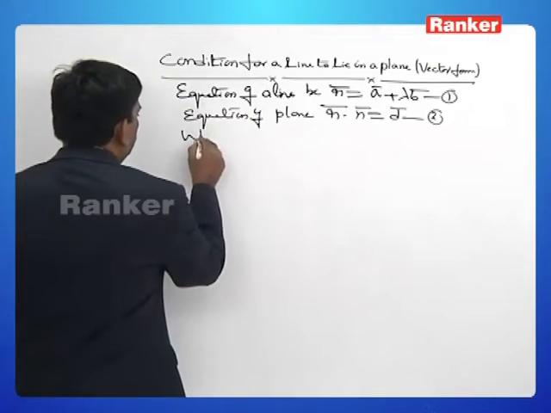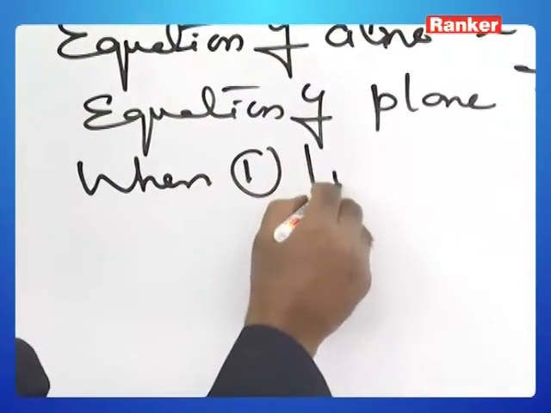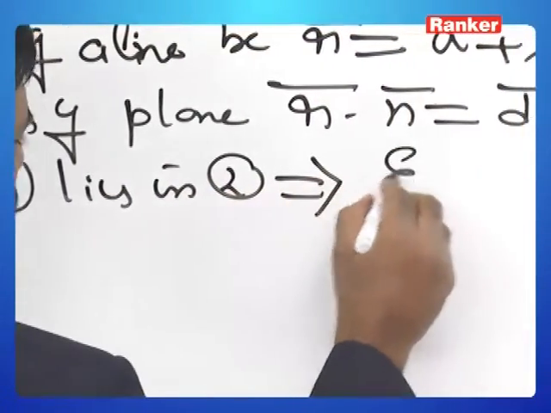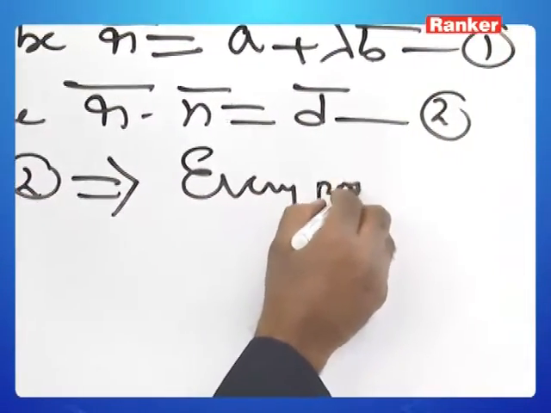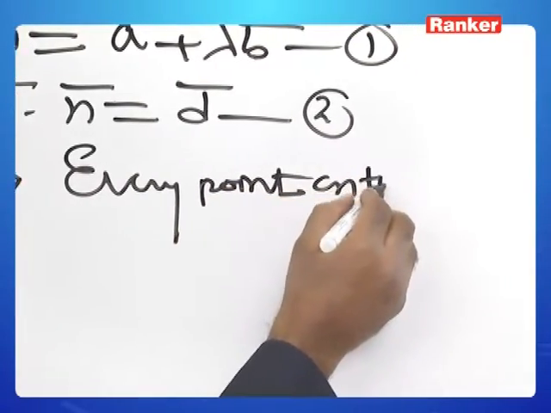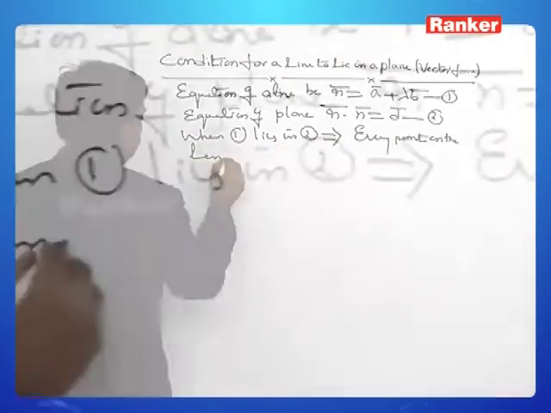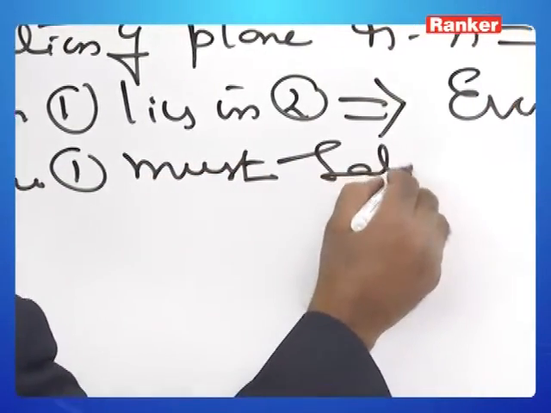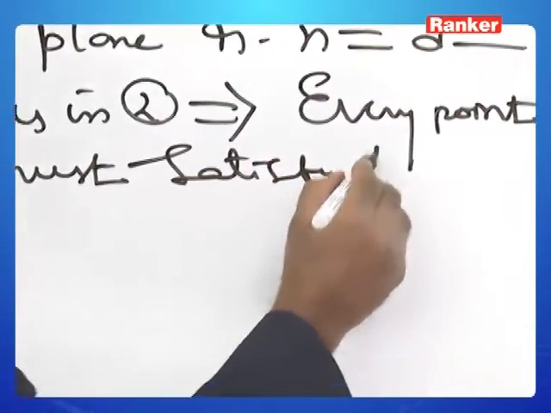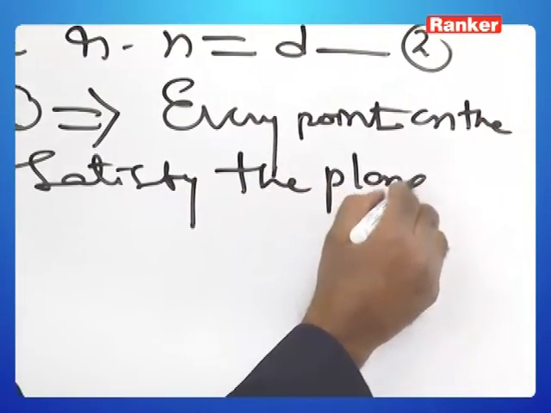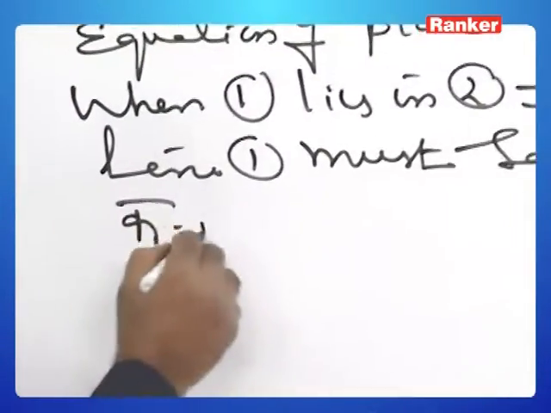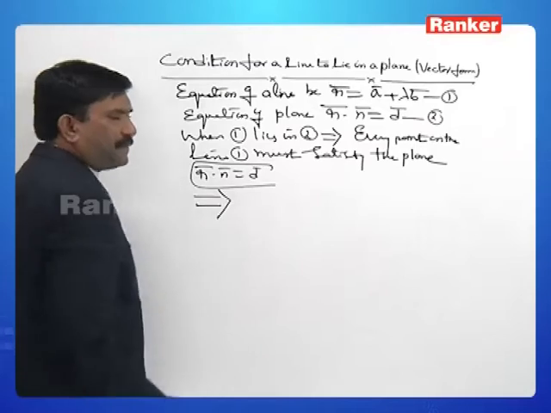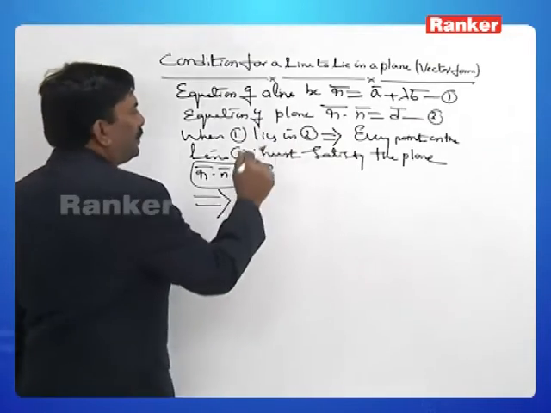So therefore, when 1 lies in 2, which implies every point on the line 1 must satisfy the plane. What is the plane? r bar dot n bar is equal to d, which implies, solve these two.